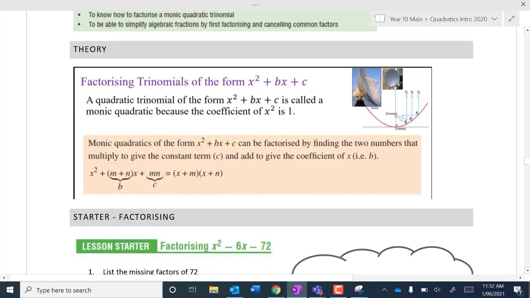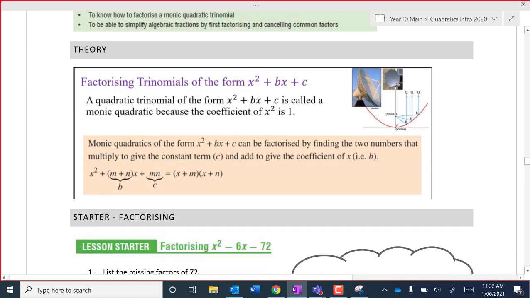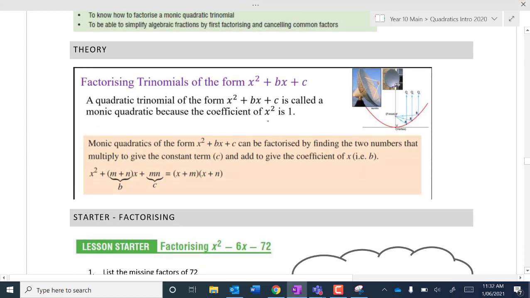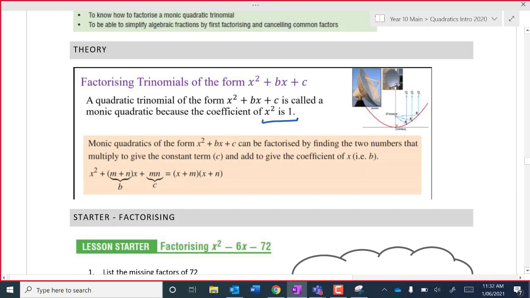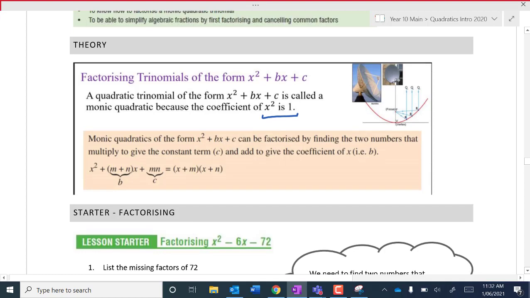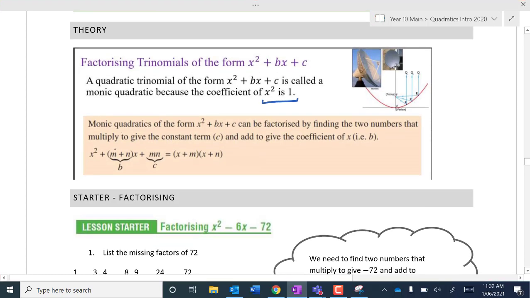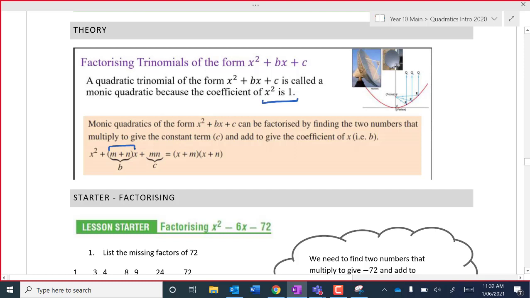All right, now just quickly, a little bit of the theory. When factorizing these, again, this is talking about a monic quadratic because the coefficient of x squared is 1. But really what we're doing is an extension of what we did with grouping. We want to split this up into two terms, and then I have 4 terms and we can use grouping.